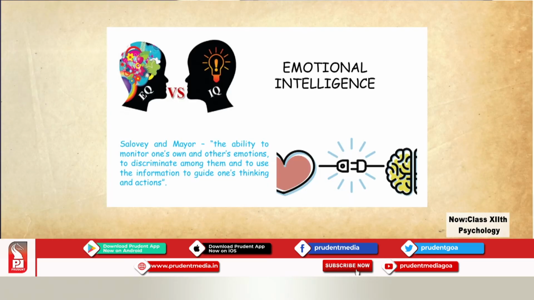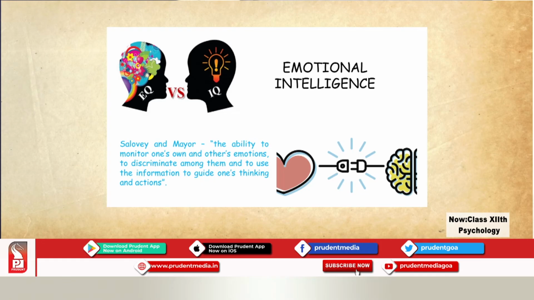The next topic we come to is emotional intelligence. Just like how we have the IQ, that is intelligence quotient, we also have something called the EQ, that is emotional quotient, and this has come up a lot in today's world, because it has been seen that having only a high IQ is not enough.